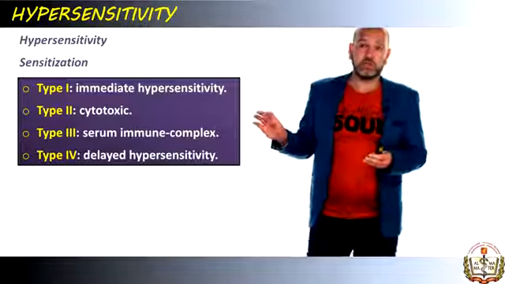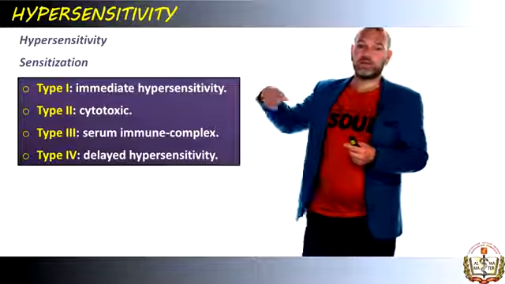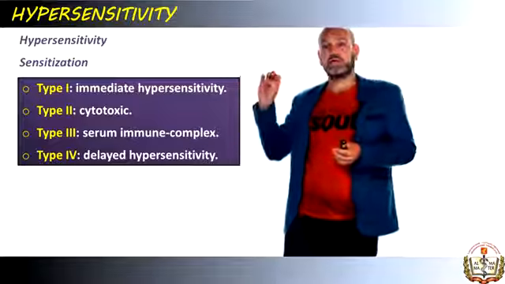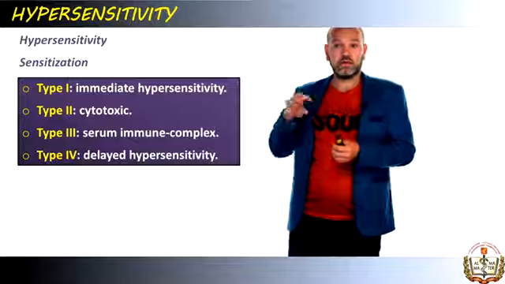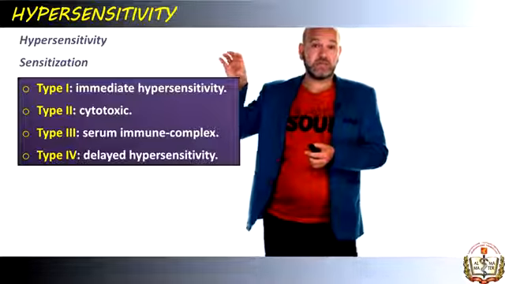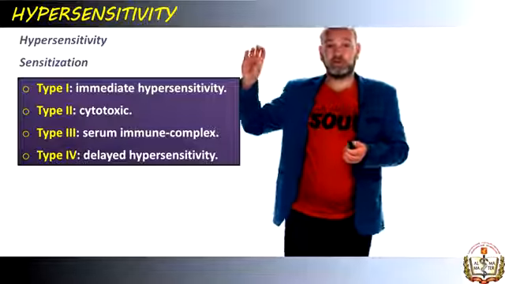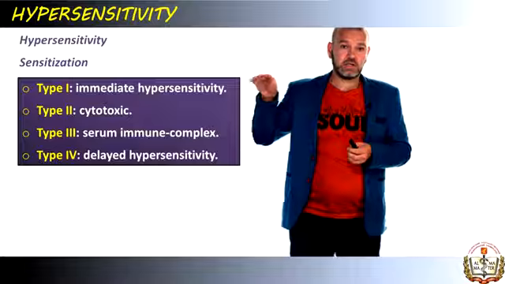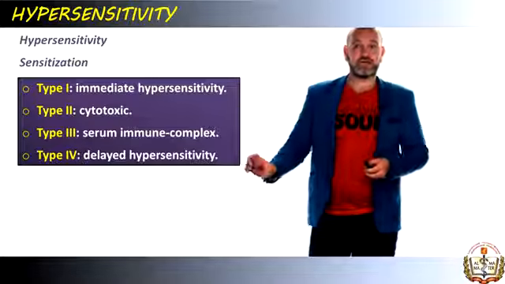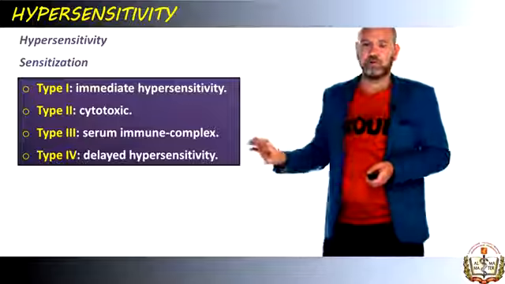Type 3, serum immune complex: circulating antibody-antigen complexes in blood vessels that deposit in the postcapillary venules, and with subsequent, again, complement fixation. Serum sickness is the example here. And type 4, delayed hypersensitivity. Routinely, you cannot explain it well, but you know that type.